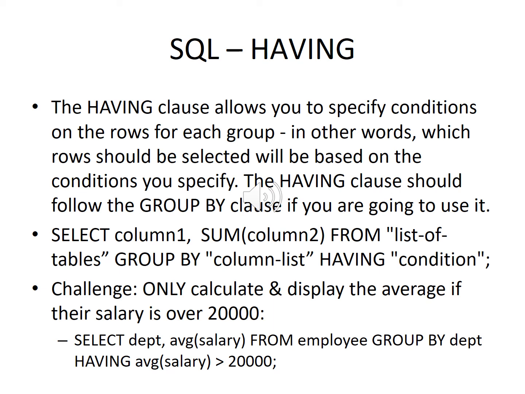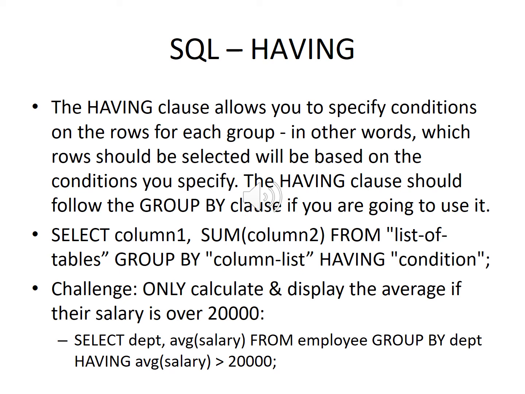So in this case, again we would select the department column followed by the average salary in that department. And again, remember that we're using the aggregate function here, average, from employee table, grouping by department.